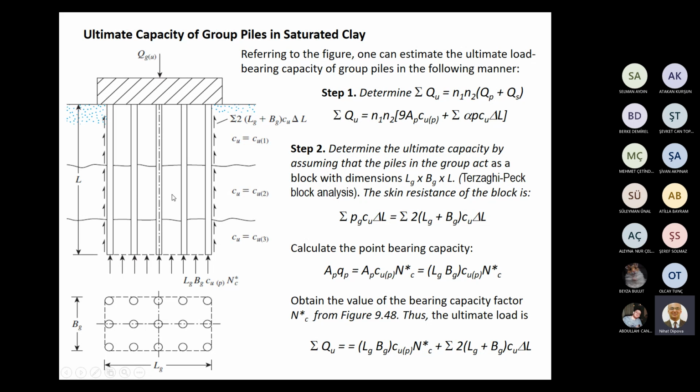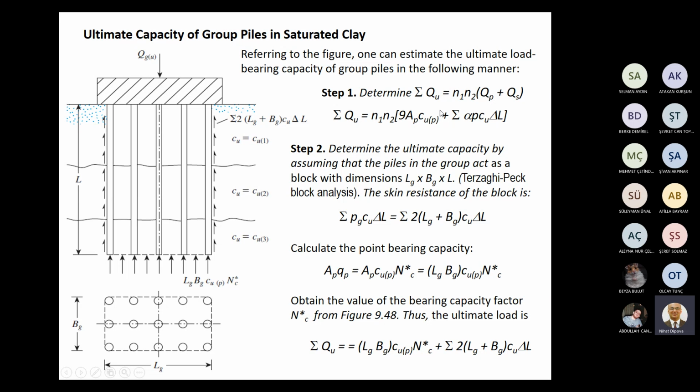Referring to this figure, we can estimate the ultimate load-bearing capacity of group piles in the following manner. I will explain step by step. In step 1, we will determine sigma QU.